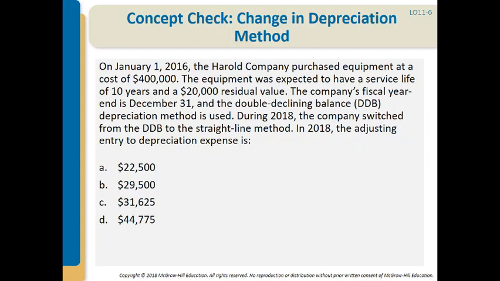From that, you're going to subtract the 20,000 residual value. So your depreciable base at the time of the change is 236,000. You're going to divide that by the remaining 8 years. So you're going to depreciate 29,500 in year 2018 and through the remaining life of the asset.